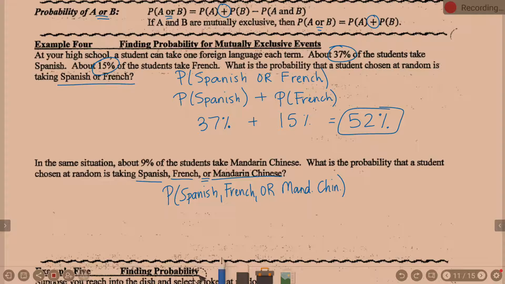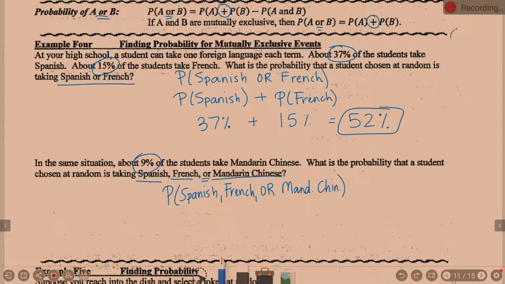What are we going to do here? Did you use the probability from the last problem instead of having to redo it? Yeah, you could use it. If we use the probability from last time, that was Spanish or French, then we would take the 52 and add the 9 on. Or it's just re-adding.